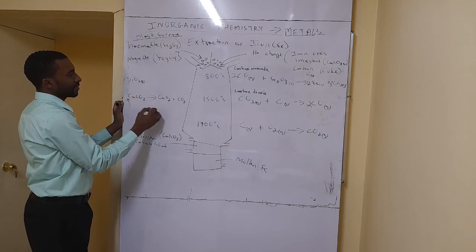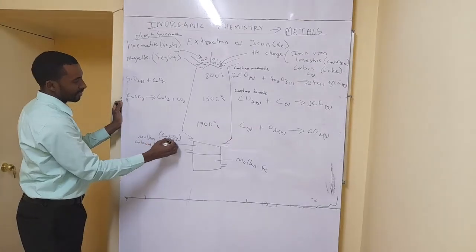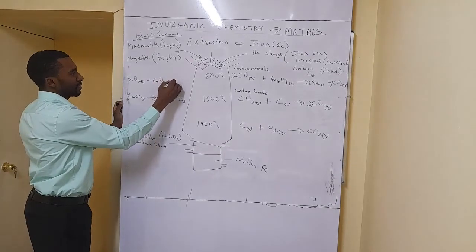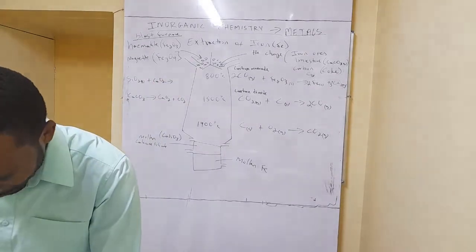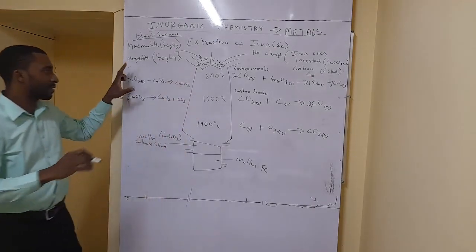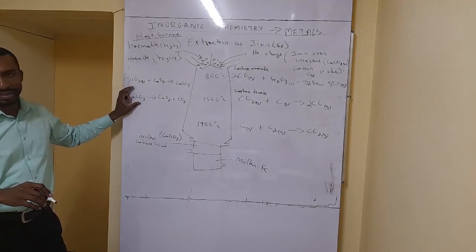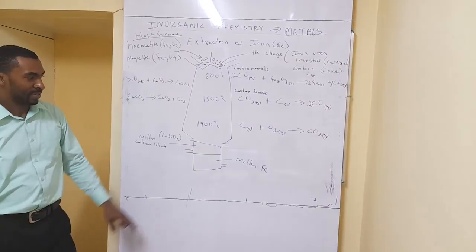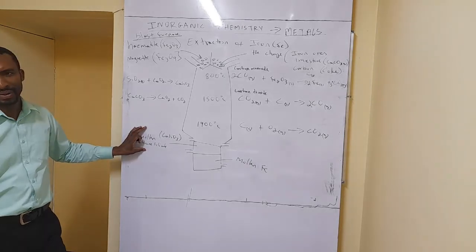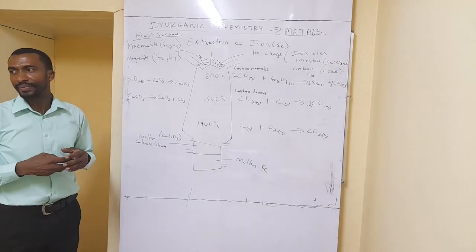So the silicon dioxide is going to react with the calcium oxide here to form calcium silicate, CaSiO3. So you have to know where we add the limestone, which is the calcium carbonate, in the mixture. And then the molten calcium silicate will come off as a byproduct that is actually useful, because they will use this to make cement and stuff like that.